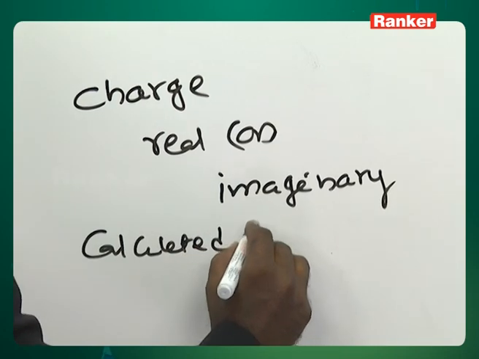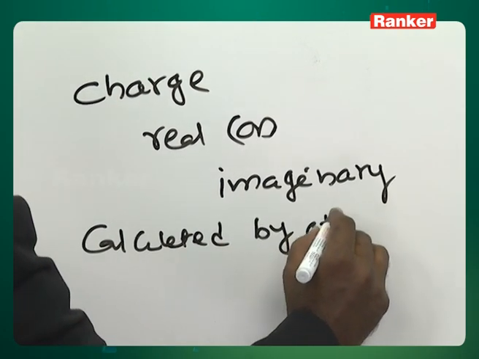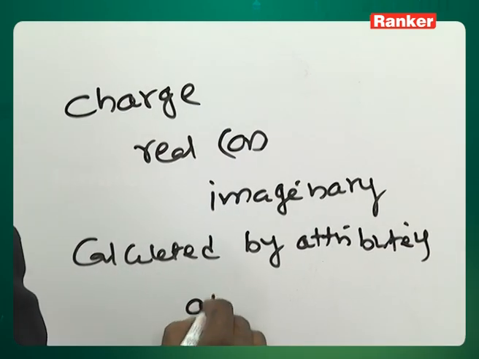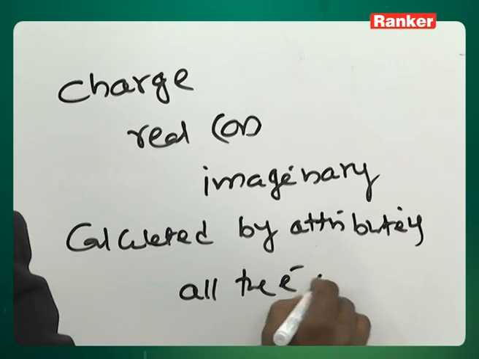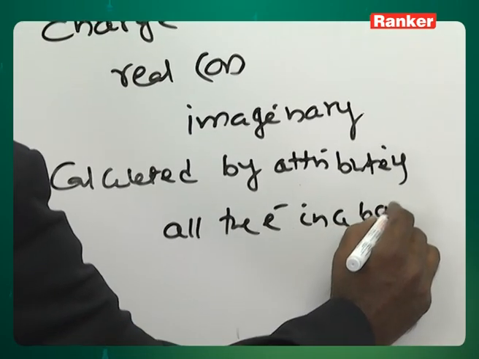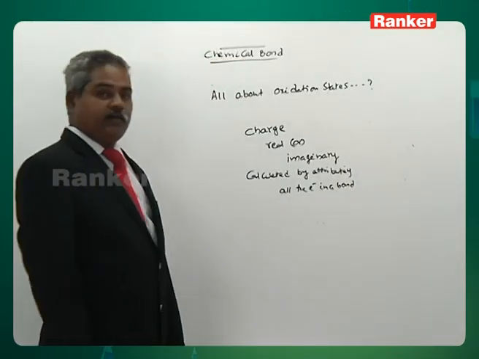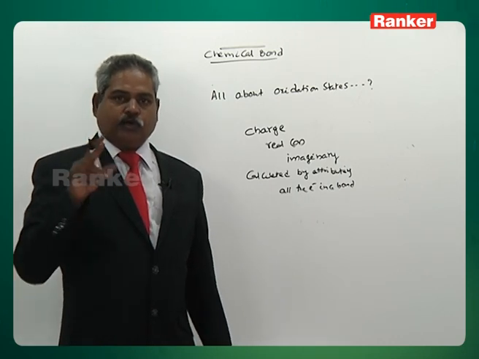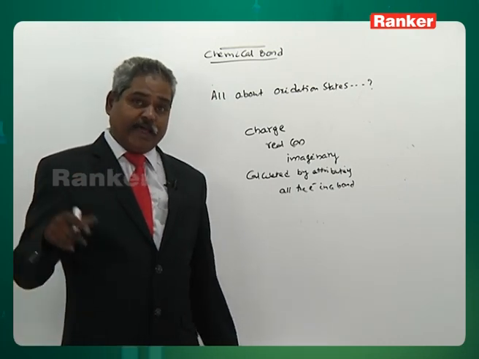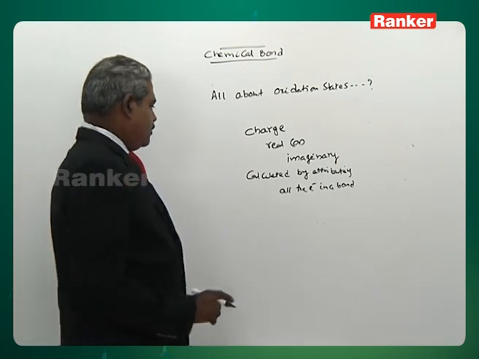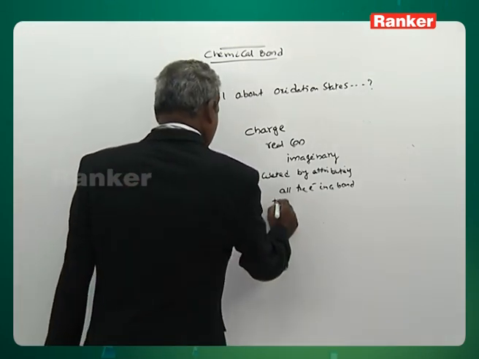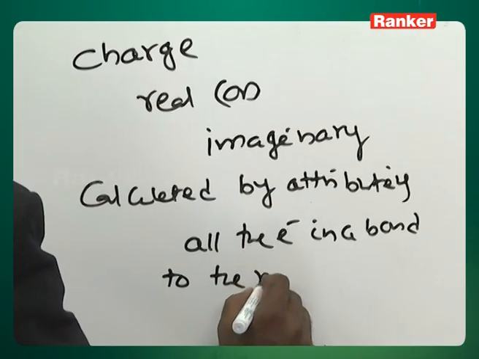Calculated by attributing all the electrons in a bond, whether they belong to the other atom or this atom. HCl, there are 2 electrons, one of them belongs to H, but still we attribute both the electrons, all the electrons in a bond, to the more electronegative atom.